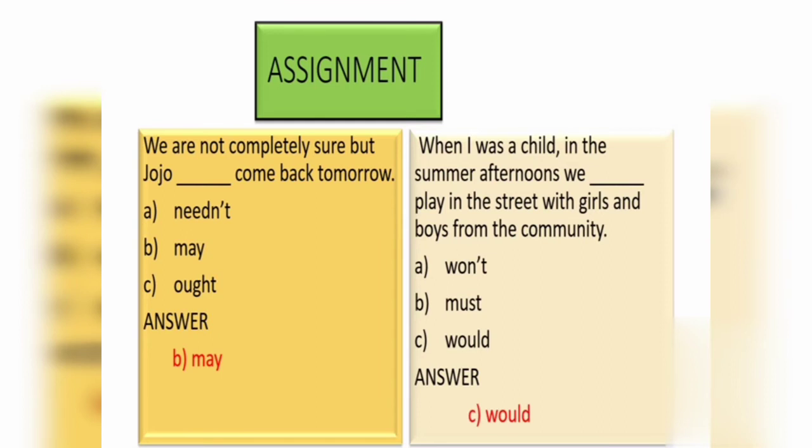So when I was a child, in the summer afternoons, we would play in the street with girls and boys from the community. So here we have used some of our various examples to undertake this assignment.